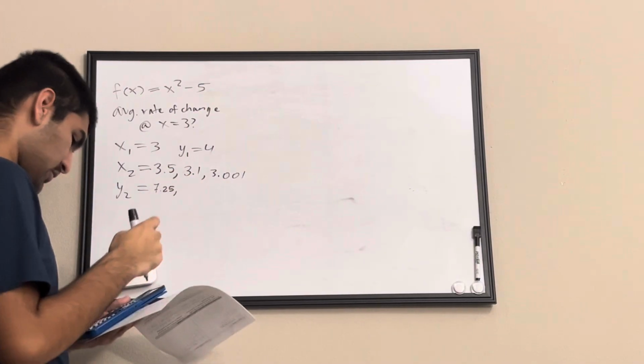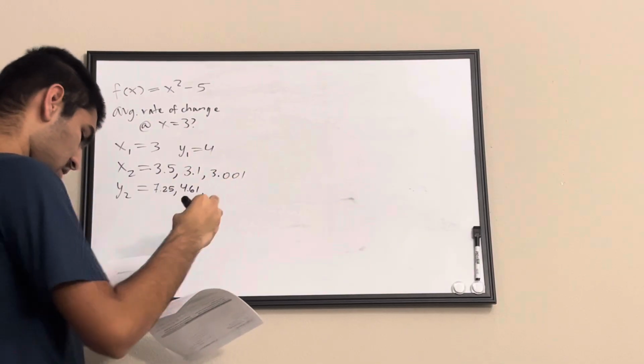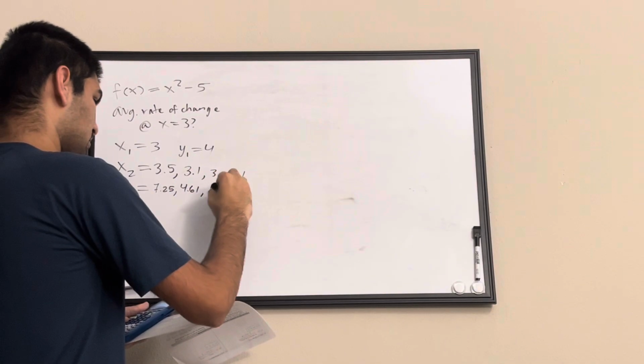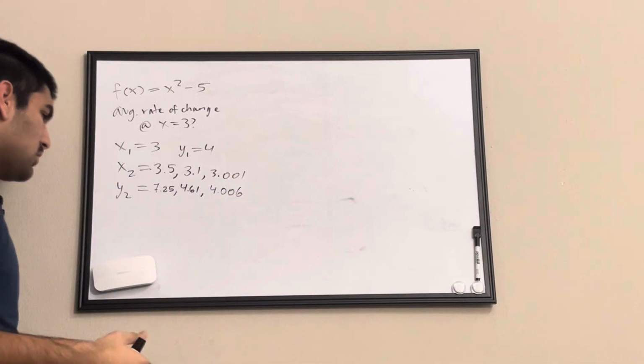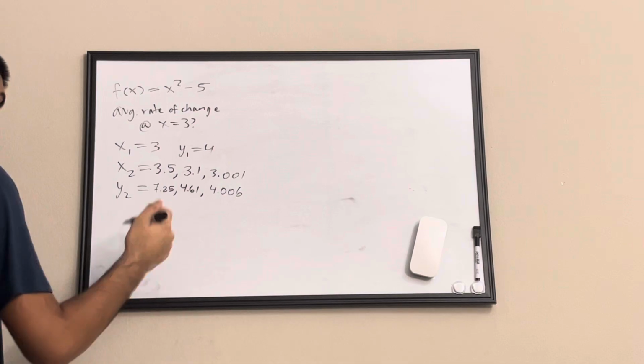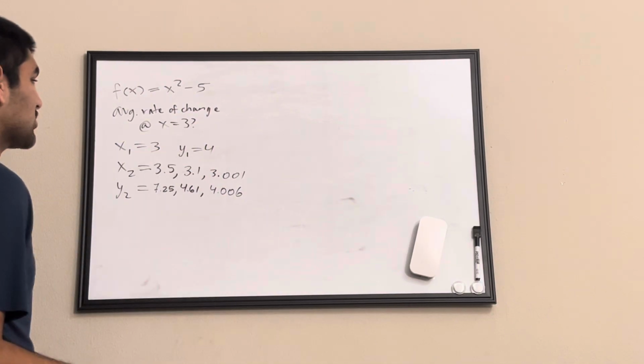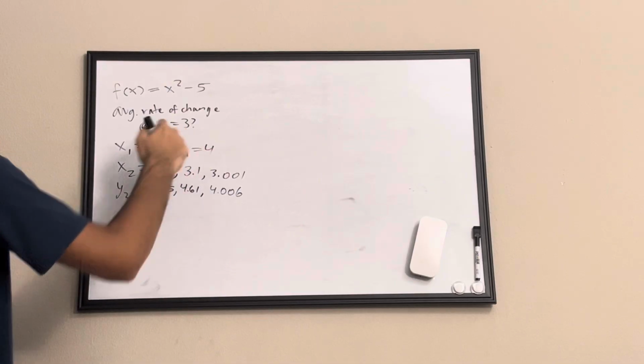Okay, if you put 3.1, you get 4.61, and then 3.001 gives us 4.006. Okay? Alright, good. So now for each of the x2, y2 points, we can approximate the average rate of change at x equals 3.